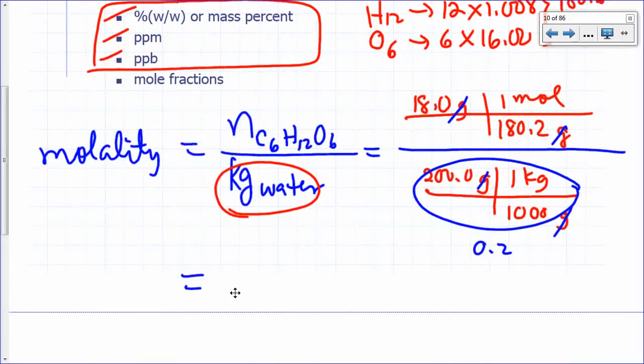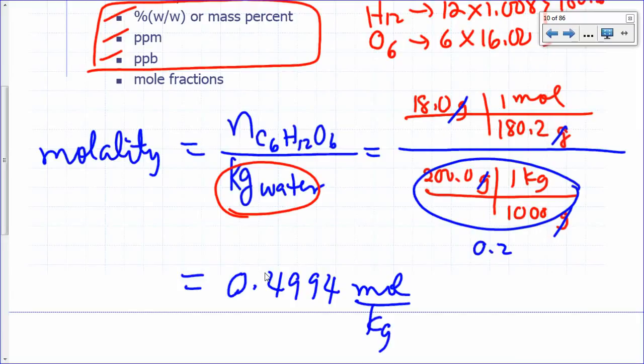So 0.4994 moles per kilogram. Keep in mind, when we say moles per kilogram, what we really mean is moles of whatever the solute is per kilogram of solvent. Sig figs: you have 3 sig figs here, 4 sig figs, 4 sig figs, exact numbers, so your answer should have only 3 sig figs.